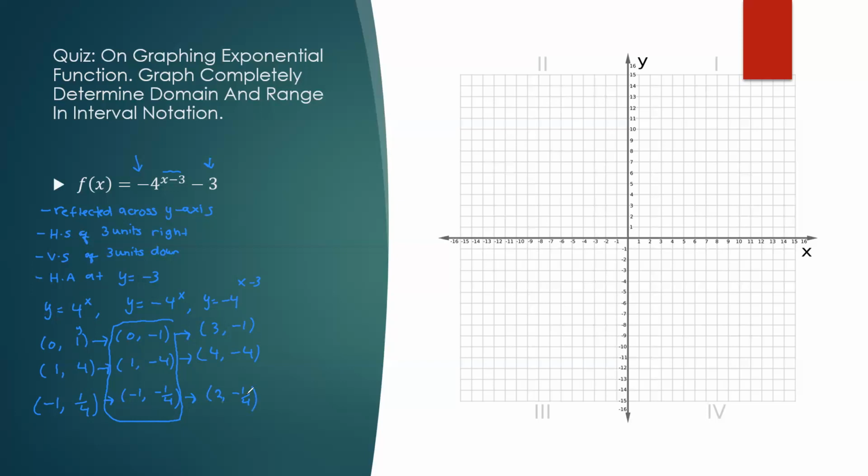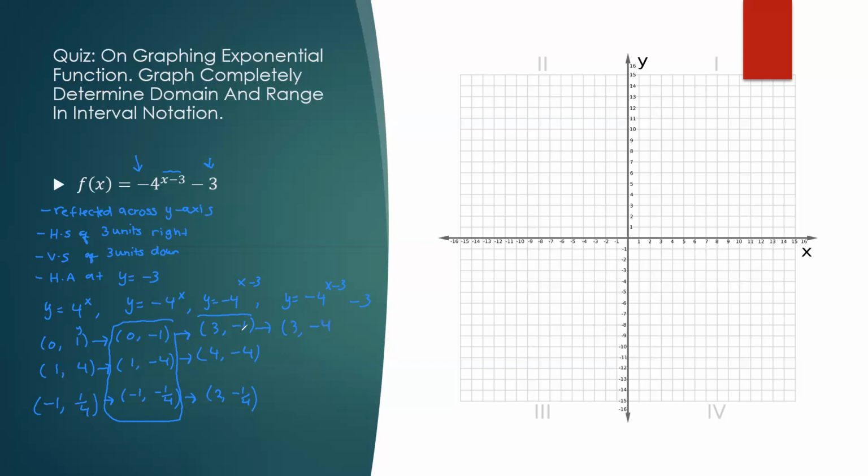The next one I'm going to graph is the one with the vertical shift, the final graph. This -3 just means you're subtracting 3 on the y value. Starting with the previous points, (3, -1) will be (3, -4).